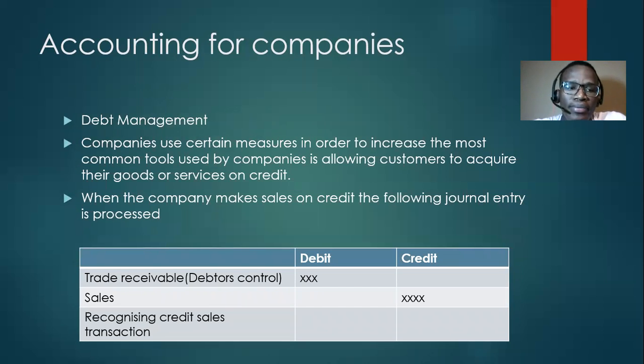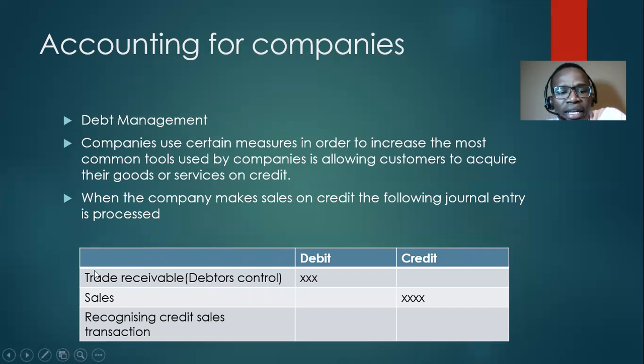Then we move on. The next one that we're going to cover is debt management, right? So companies use certain measures in order to increase their sales, right? And one common tool that is being used is selling on credit, or selling the goods or service on credit to their customers, right? So when a company makes sales on credit, the following journal entry is processed.